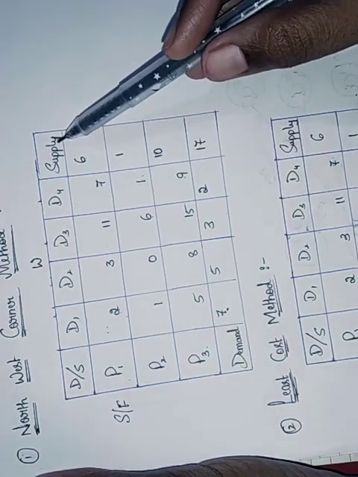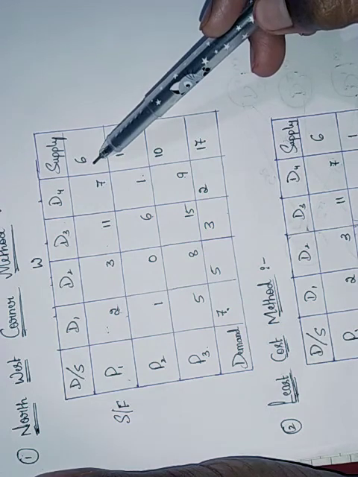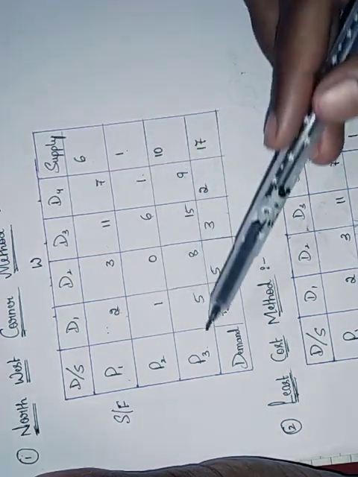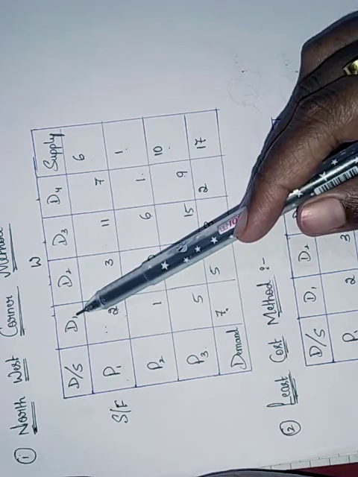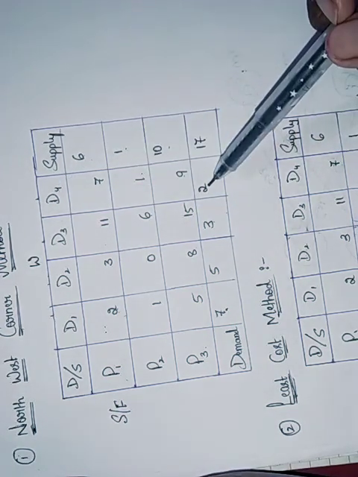You can observe the supply capacity of plant 1 is 6 units, plant 2 is 1 unit, and plant 3 is 10 units. And the demand requirement of destination 1 is 7 units, destination 2 is 5 units, destination 3 is 3 units and destination 4 is 2 units.